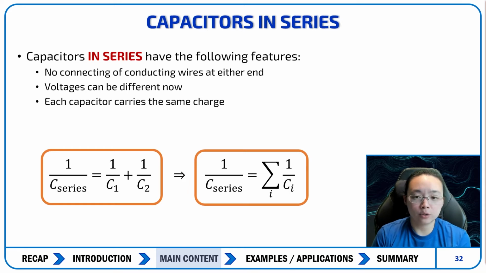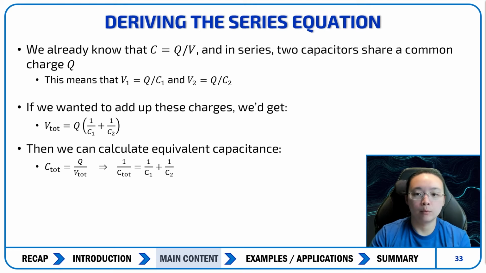So in terms of this, how can we get this equation? We'll derive it. We already know that C equals Q over V, and in series, they're going to share Q. So unlike how we derived the parallel equation, we're now keeping Q constant. That means V1 equals Q over C1, and V2 equals Q over C2.